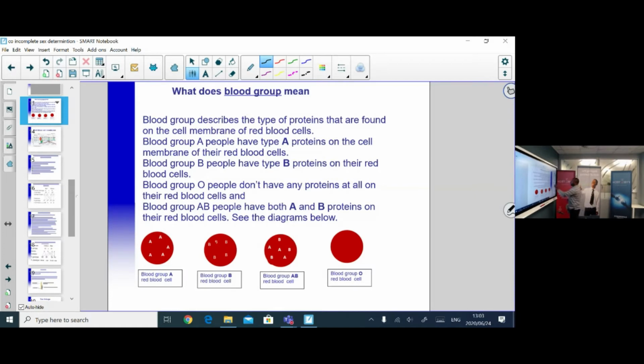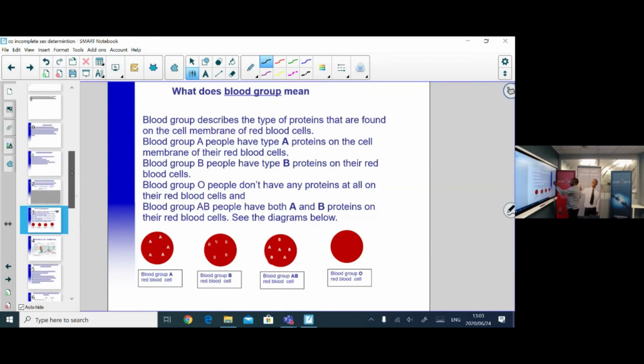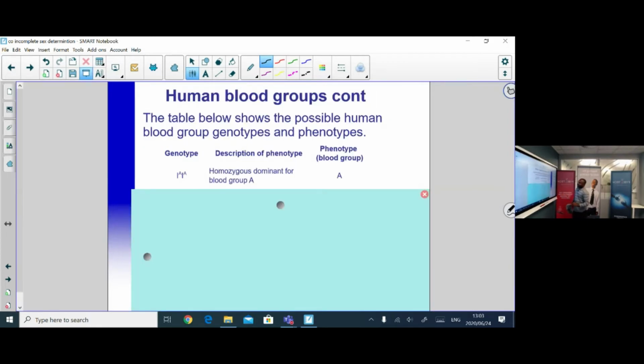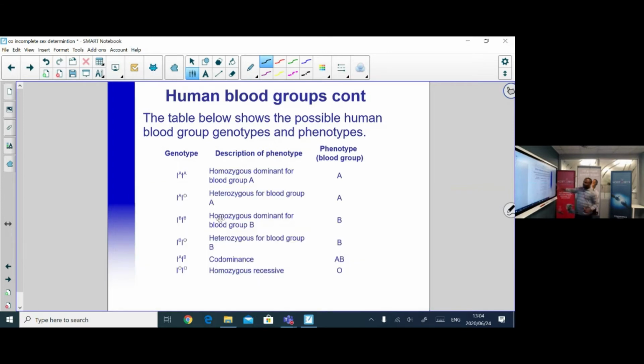I want us to go back to the slide we did yesterday. This is the notation that we use to represent the genotypes of our blood groups. There are 2 methods.